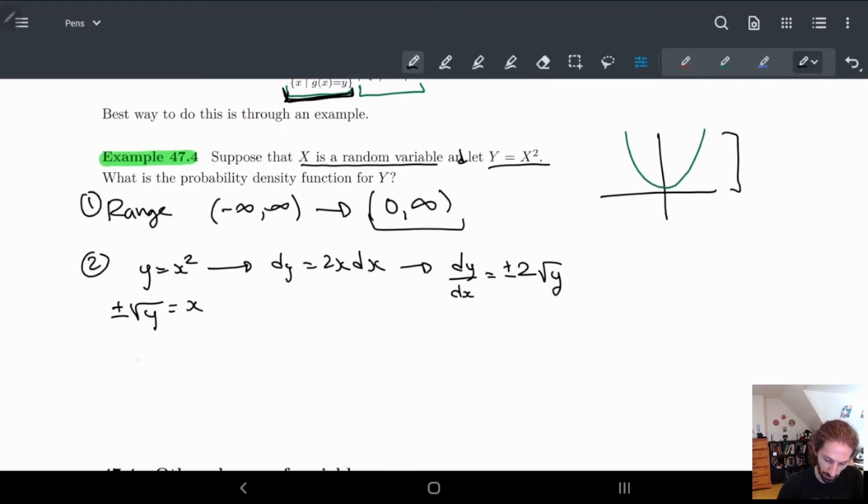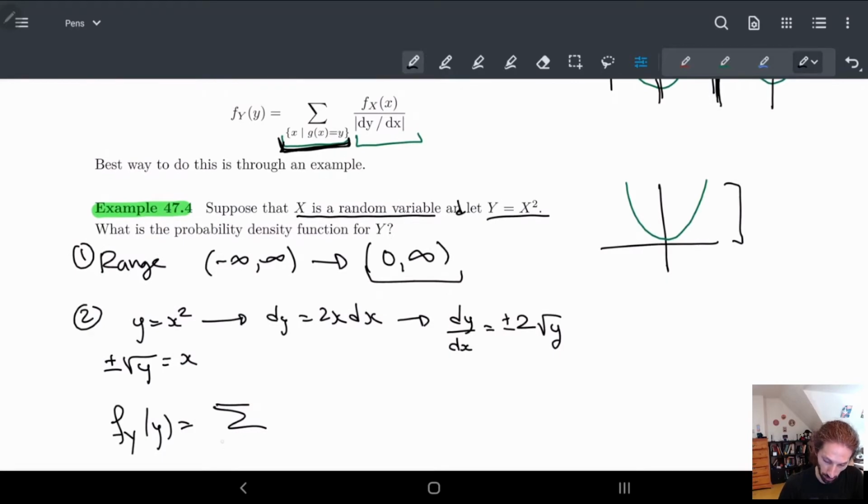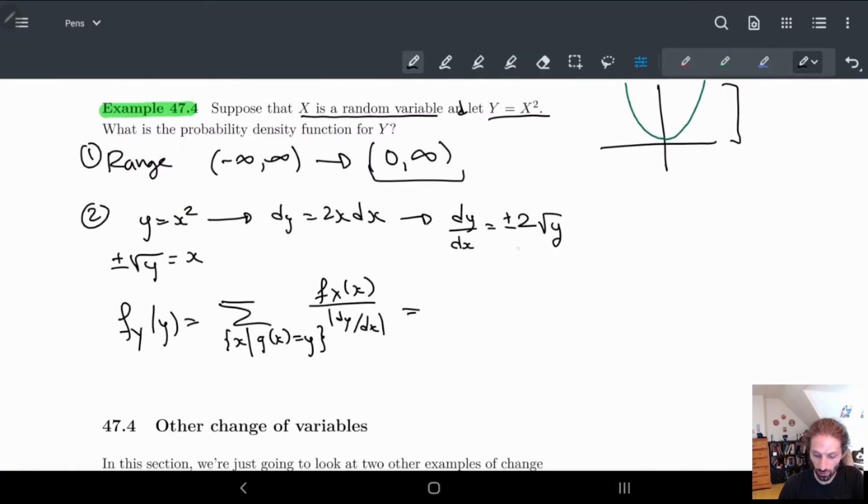So when I do my summation for f of y, I want to sum over, let me write this down slowly so we can see what happens, all the x such that g of x is equal to y, f of x over dy dx. So notice how we have two different versions of x. So what this means is I have to look at the summation of all the different options.